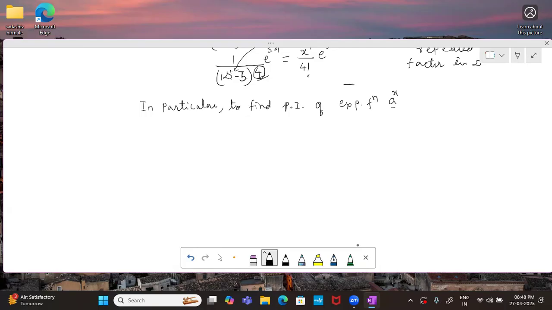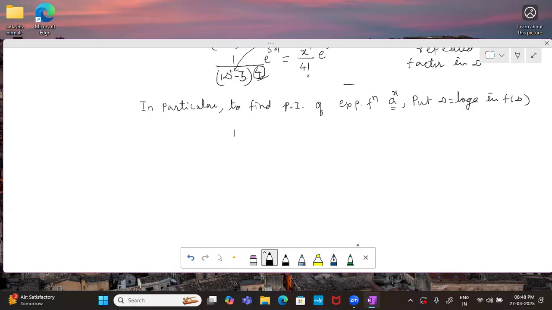This is also called the exponential function. Base is constant and power is a variable. To find the PI of the exponential function a raised to x, put d is equal to log a in f of d. This is the rule for this particular case.